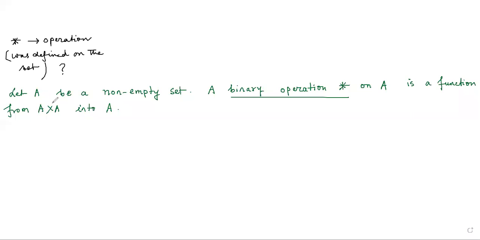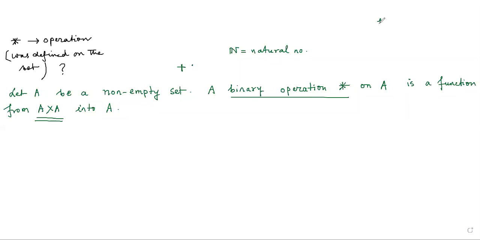So this is the actual definition of the binary composition which was defined on the set to make it a group. Say for example, if I take a set of natural numbers, and if I define a binary operation, say plus, as you know, the binary operation is a function and its domain is the set A cross A. So I'm defining the function.